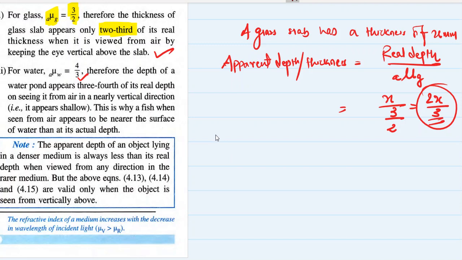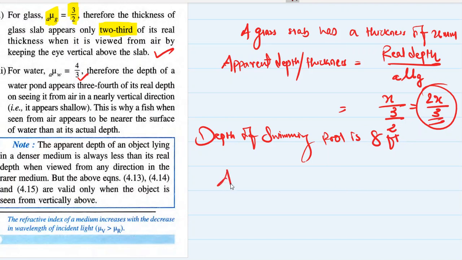So let's say that the depth of a swimming pool is 8 feet. Okay. So what is the apparent depth? If somebody watches this 8 feet depth swimming pool from little far away, how will it look like? How will it appear? How deep will it appear?